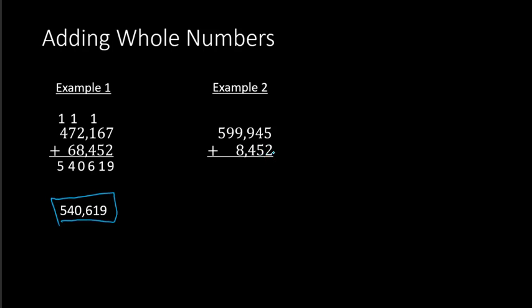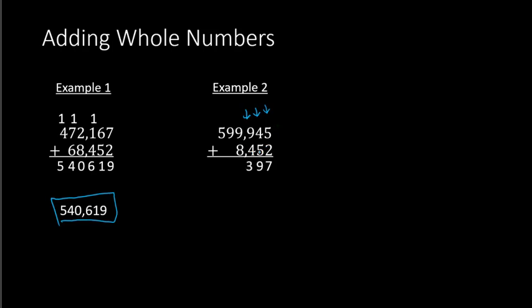Once it's lined up, we can now add the ones column. So the ones column is right here. We would add the 5 plus 2, and that gives 7.